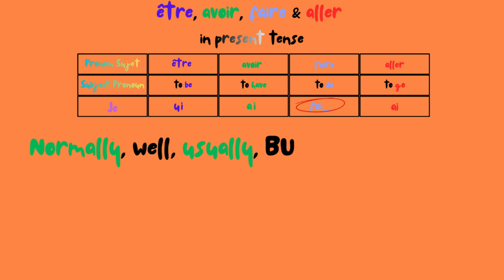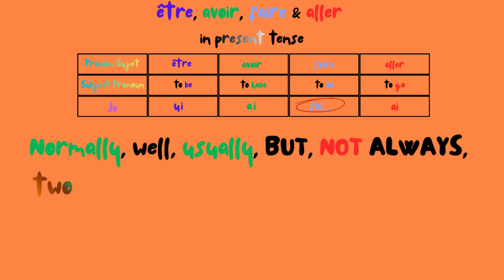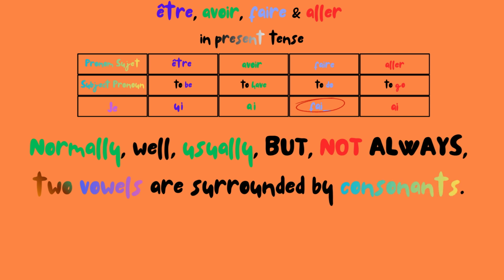Normally, well, usually, but not always, two vowels are surrounded by consonants. So, by applying this rule, the letter F, a consonant, in its place, immediately in front of the vowel pair A and I, is validated and confirmed.